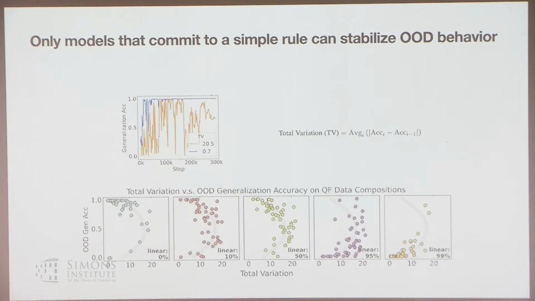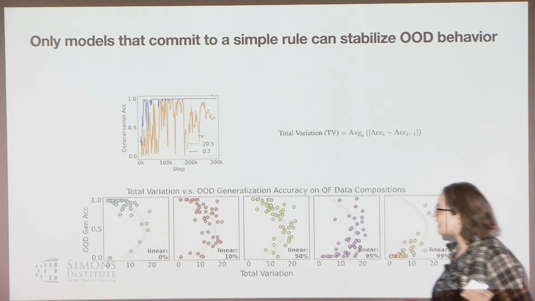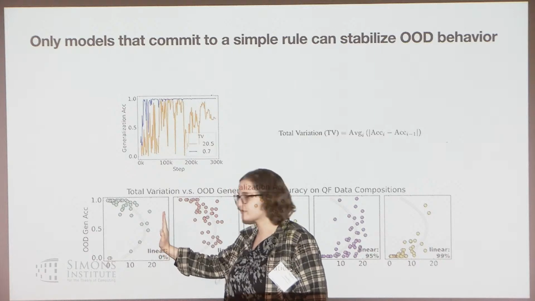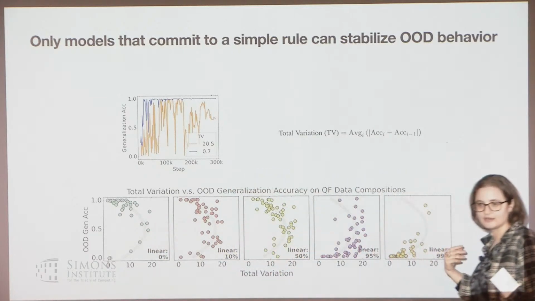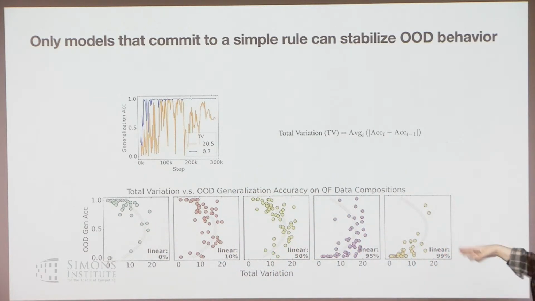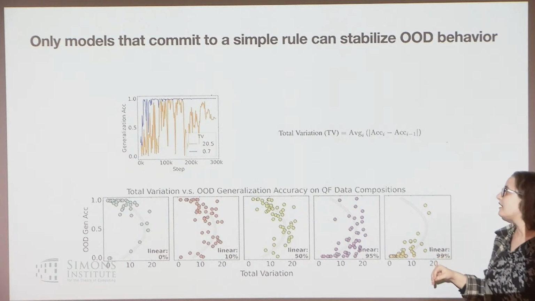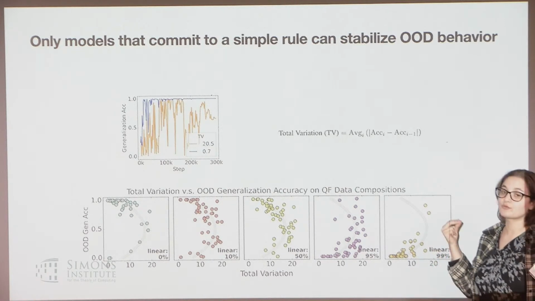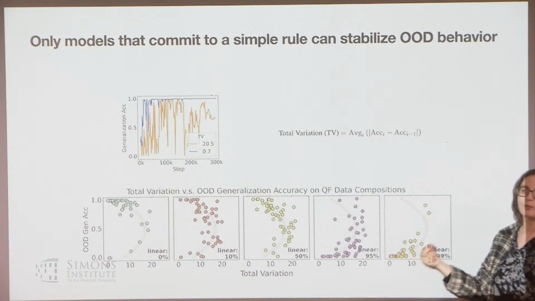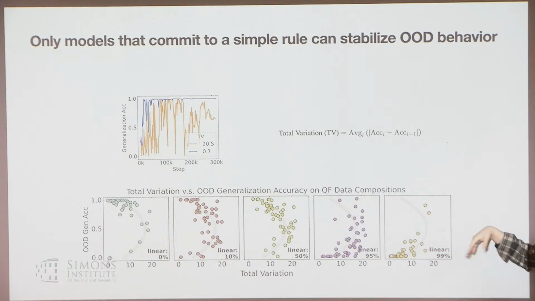Okay, so what happens when you look at this for different data mixes is that you can end up with a lot of oscillation, which is everything that's more on the right side of any of these plots. And you end up with more oscillation regardless of which of these mixes you're in.